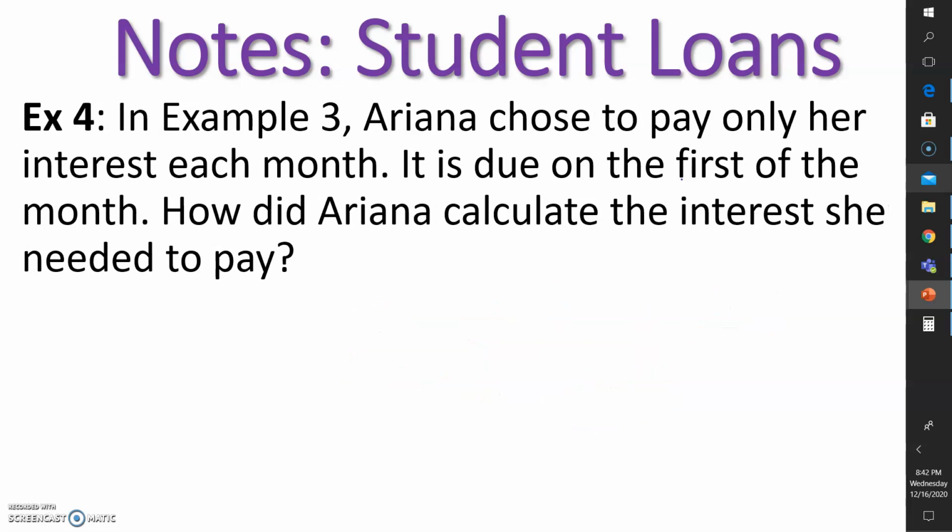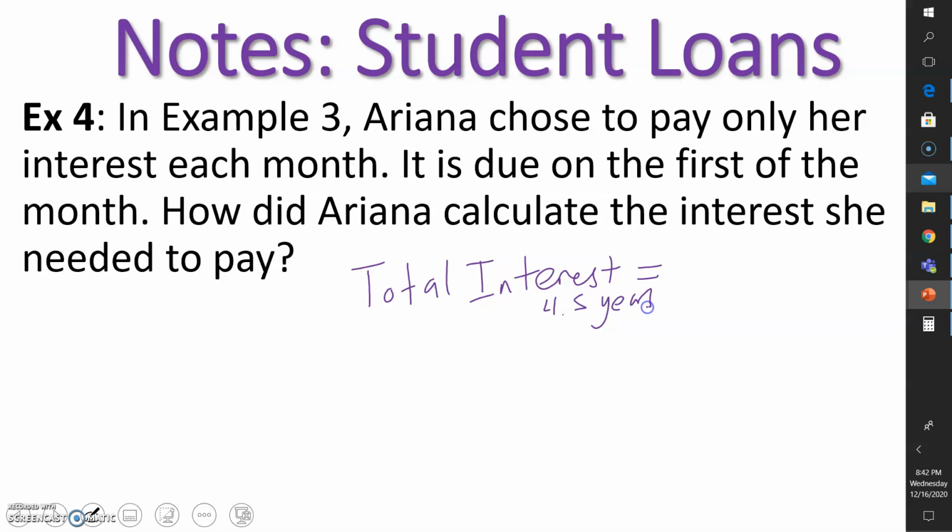All right, example 4. In example 3, Ariana chose to pay only her interest each month. Now, her interest will be due on the first of the month. How would she calculate how much interest she needed to pay? If you remember from before, we know that the total interest for that 4.5-year period was $1,756.76.